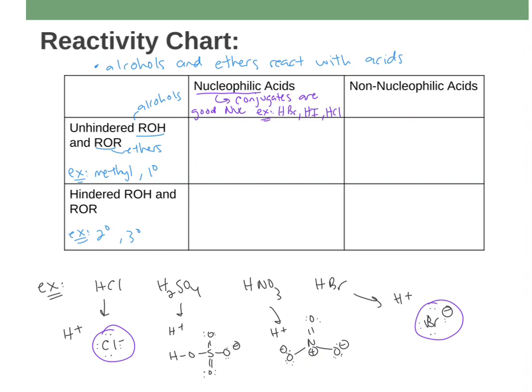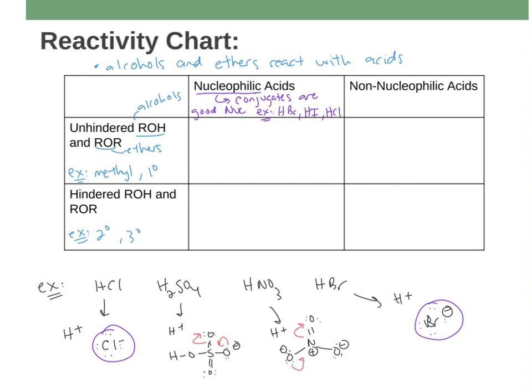And that's going to mean our non-nucleophilic acids are going to be things like sulfuric acid or nitric acid. These are non-nucleophilic because the negatives on the oxygens are so delocalized that they're relatively stable. They're not high in energy and not really looking to do anything. You don't have localized electrons to go attack something and be a good Lewis base.